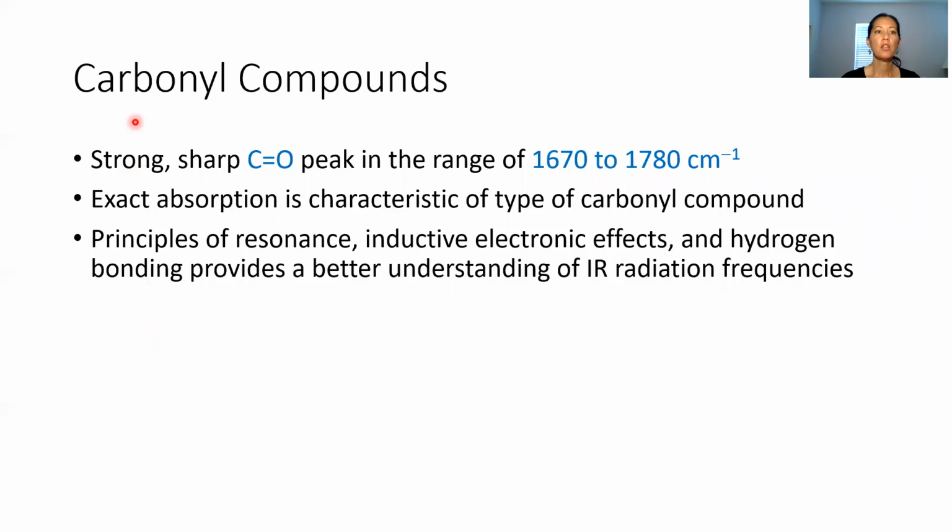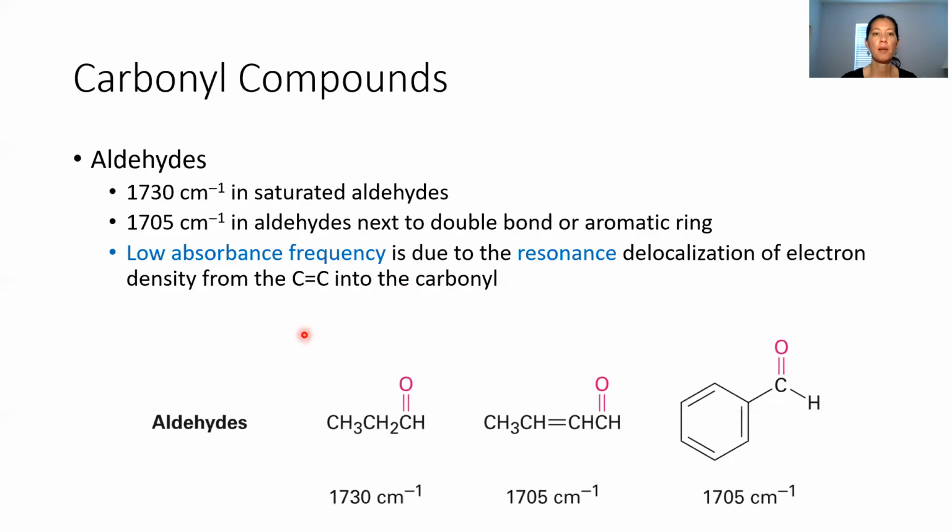The other really key peak to know is a carbonyl peak. A CO double bond stretch is roughly in the 1700 region, and there's a big range here. It's one big peak, but sometimes it's lower or higher than 1700 because maybe there's resonance, maybe it's tied up in a ring. I'll give you some examples.